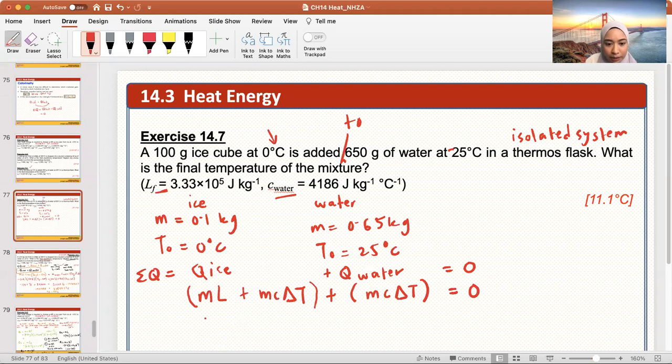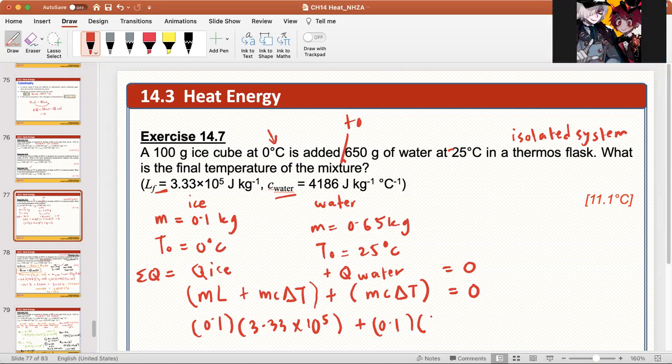Okay, so mL, the mass of ice is 0.1. Latent heat of fusion, I want to convert my ice to water. This is 3.33 times 10 to the 5. And that is my change in phase already. So ice 0.1. C, what C should I use here? Seawater.